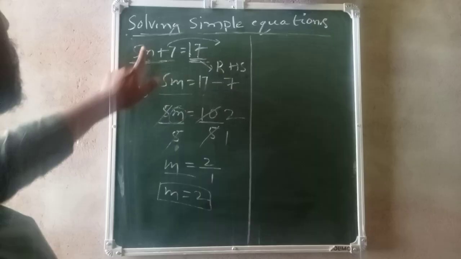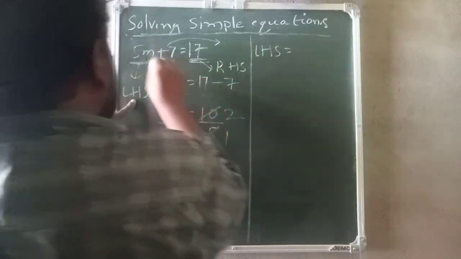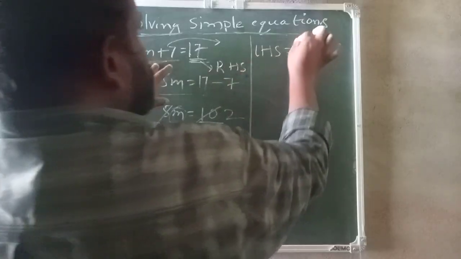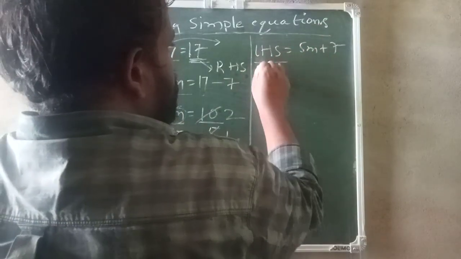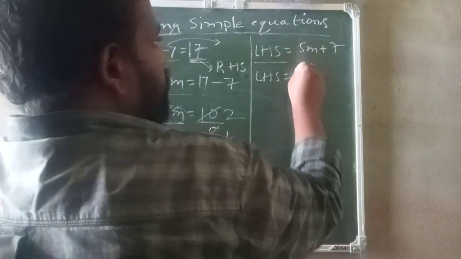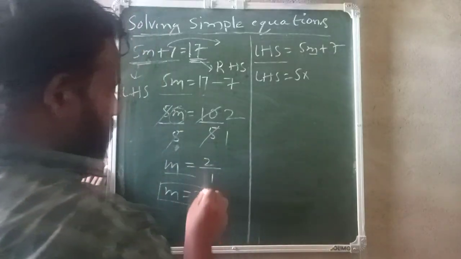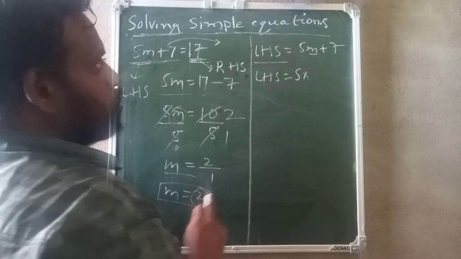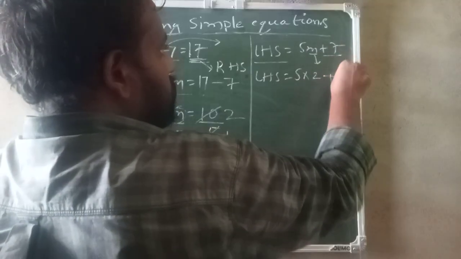The variable m is present on LHS, so I will take LHS is equal to the entire thing, 5m plus 7. Next step, write LHS is equal to 5 into, and in place of m I will substitute 2 because m is equal to 2, then plus 7 as it is.